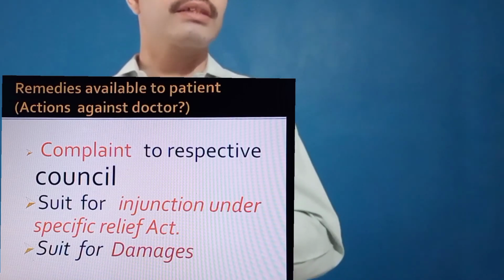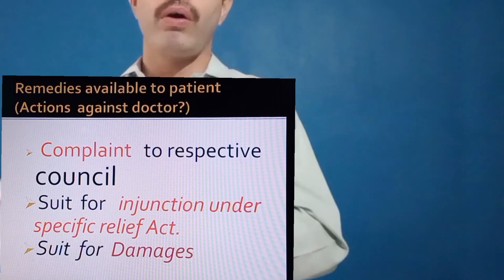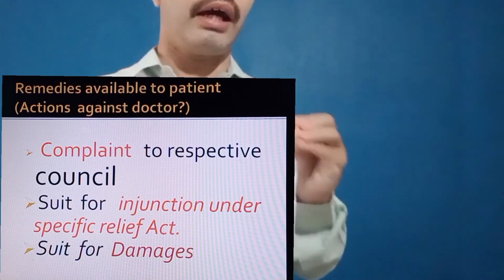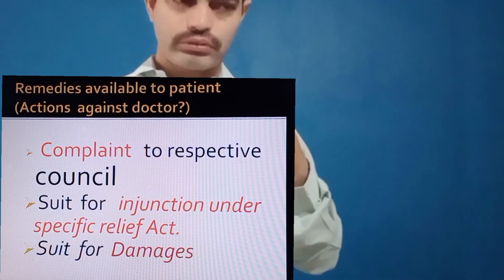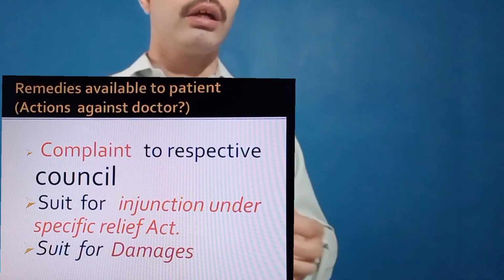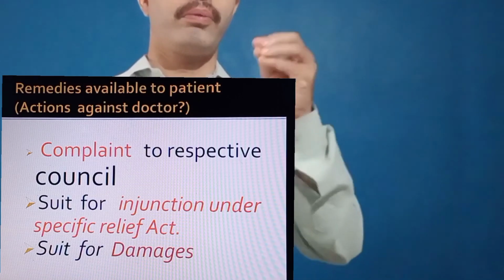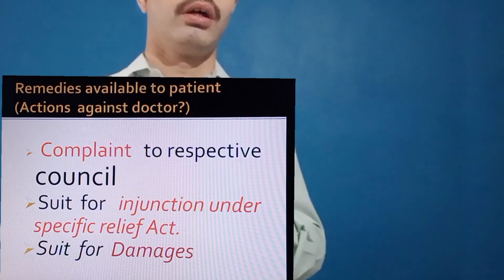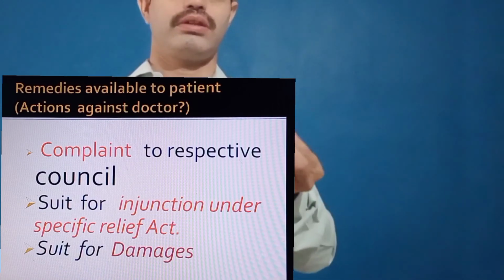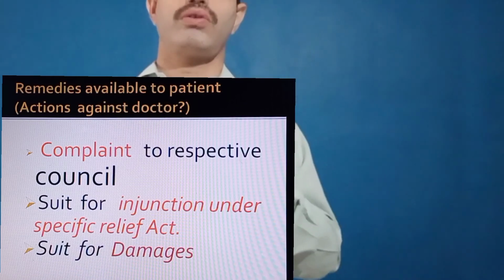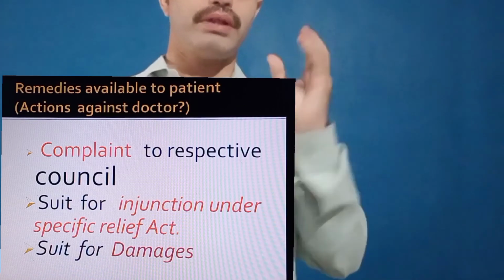In that case, the patient can approach the court under Specific Relief Act sections 38 and 39 and request the court to issue a preventive order, called an injunction, to prohibit the doctor from disclosing the information. If the doctor does not obey the court's order, then the doctor may be punished.